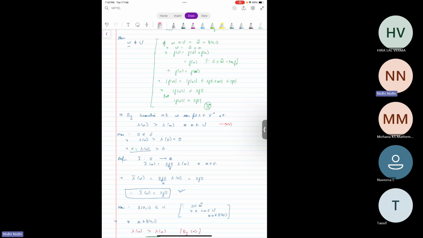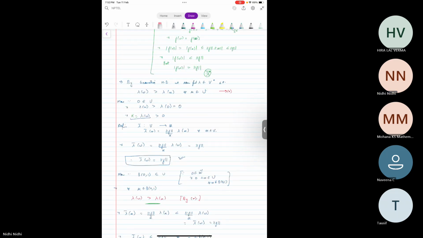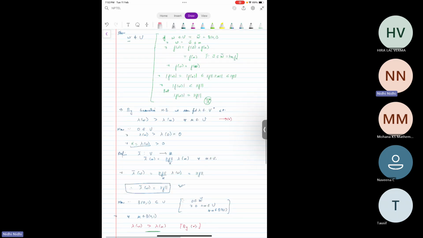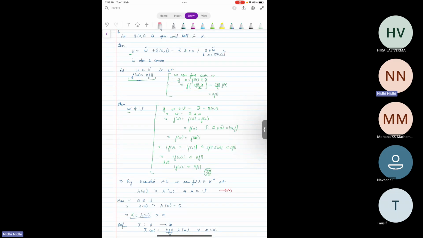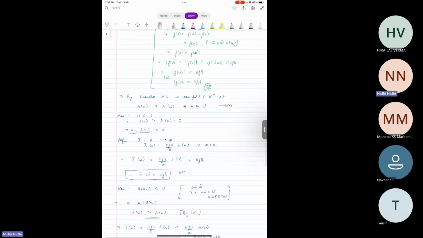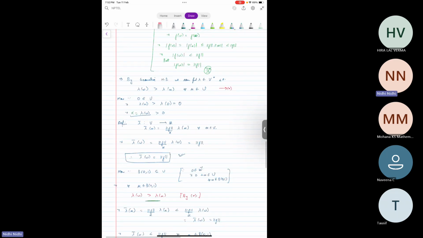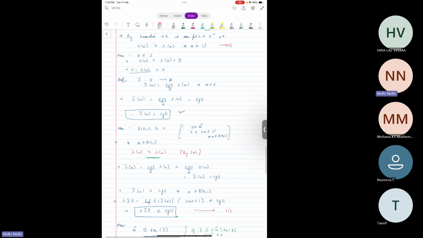So this alpha is fixed, and using this alpha I constructed a linear functional lambda bar, which at point w gives the value norm f. So at w, f is also equal to norm f, and lambda bar is also equal to norm f. Now this lambda bar turns out to be our required extension.